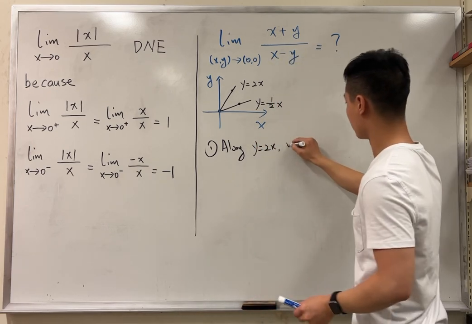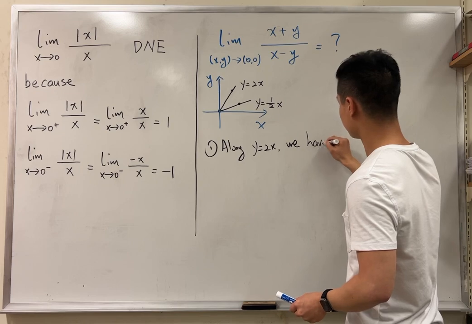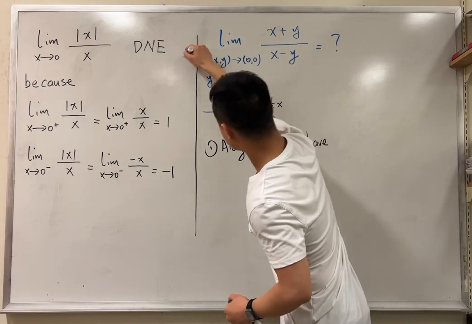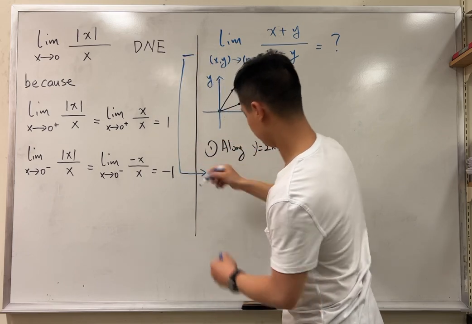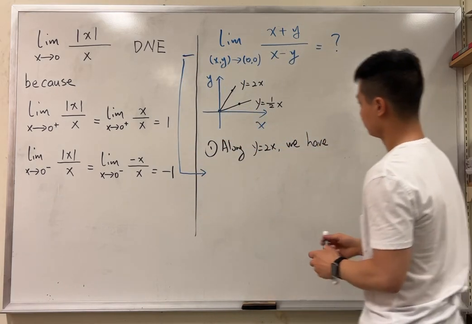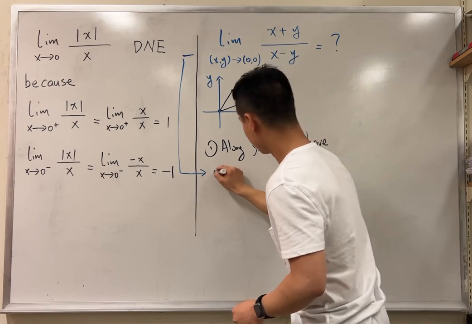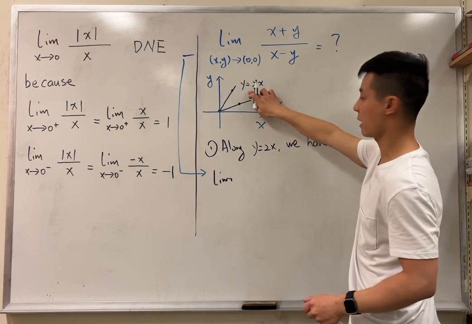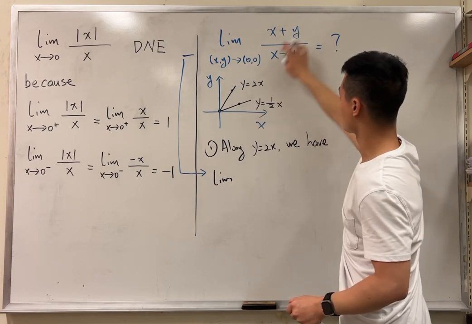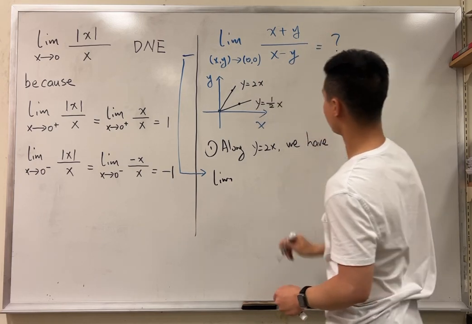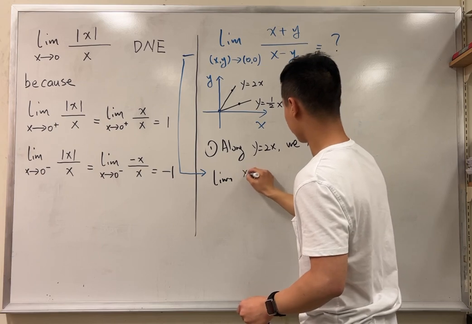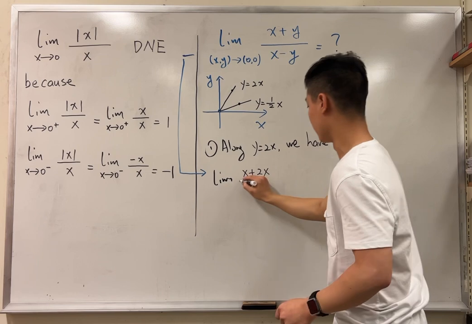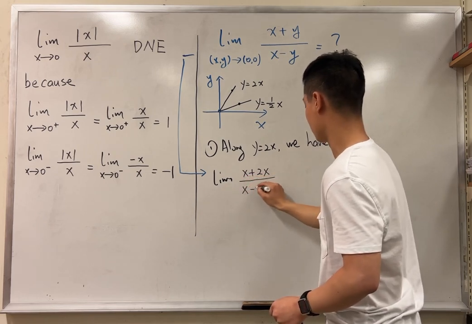Along this path, this value is gonna become a limit, right? Because we are going along this path, we can replace the y with 2x. So this is gonna become x plus 2x, by replacing y with 2x, divided by x minus 2x.